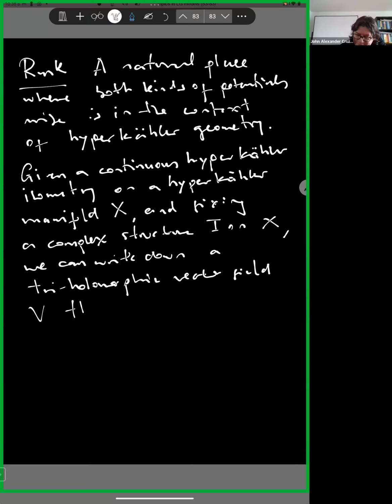Generalize the isometry, and to turn on the corresponding twisted masses.